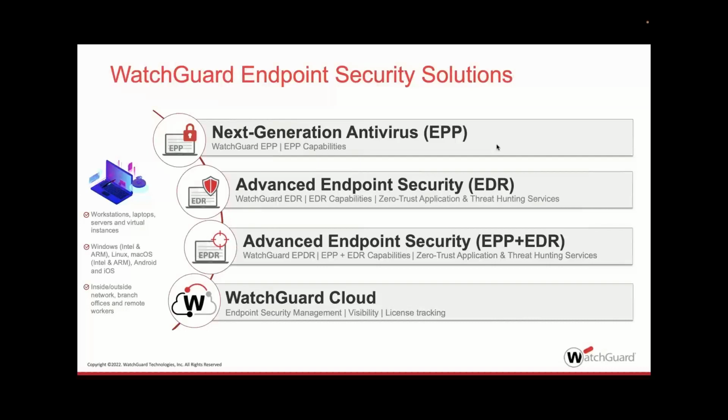We're delivering the same exact agent, but having both layers working concurrently. The next generation antivirus and our endpoint detection and response technologies and services work in tandem in that scenario in each endpoint agent that we deploy. That's what we call EPDR, endpoint protection, detection and response, and that's our star product, if you will.